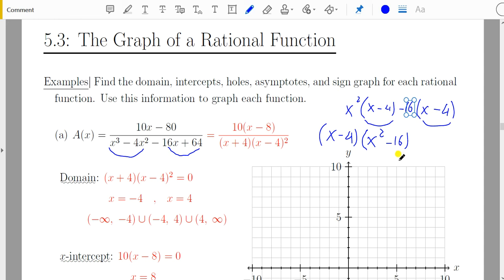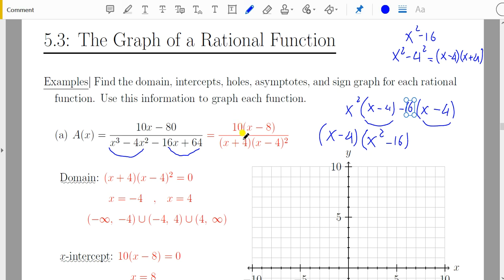But x squared minus 16 is a difference of squares, or x squared minus 4 squared. Using the formula, we can write that as x minus 4 times x plus 4. But we already have x minus 4. Therefore, we have x minus 4 to the second power multiplied by x plus 4. So this is the factored form of this rational function.